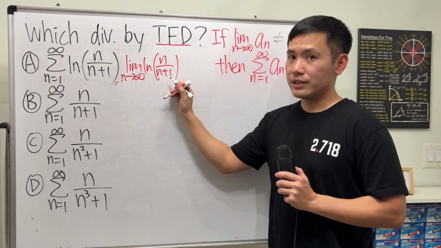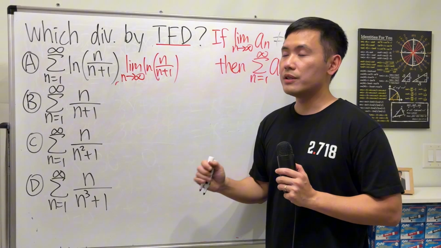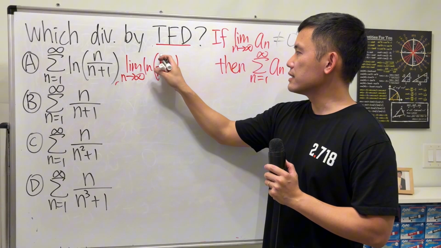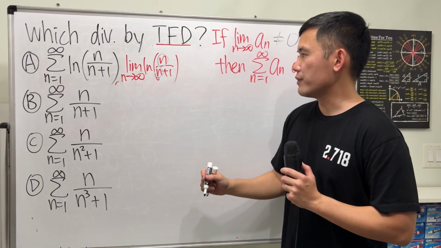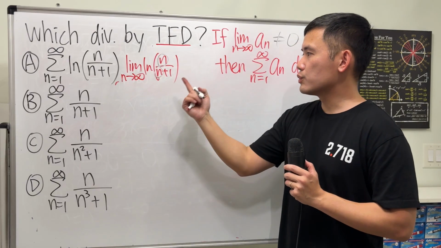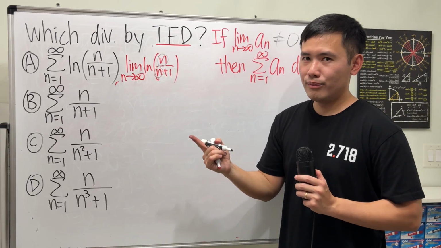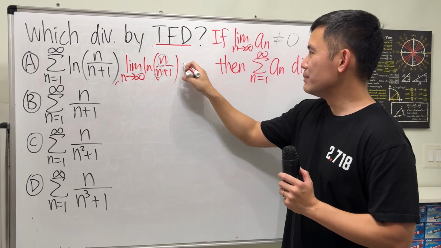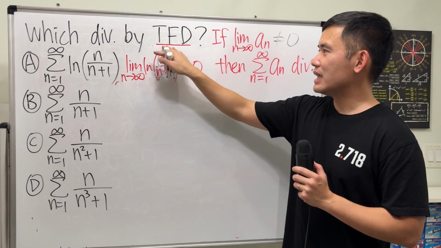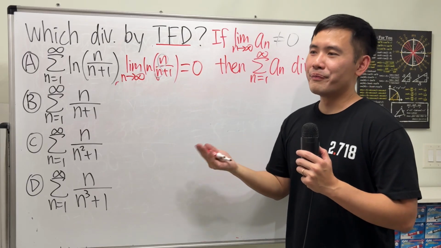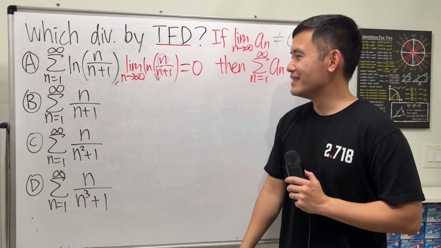Do this inside out because ln is a continuous function. So if you look at the inside, we have n over n. You can ignore the plus 1 because n is going to infinity. N over n is just 1. ln 1 is 0. So this limit actually gives you 0. Unfortunately, when we're trying to do the test for divergence, this 0 is inconclusive.